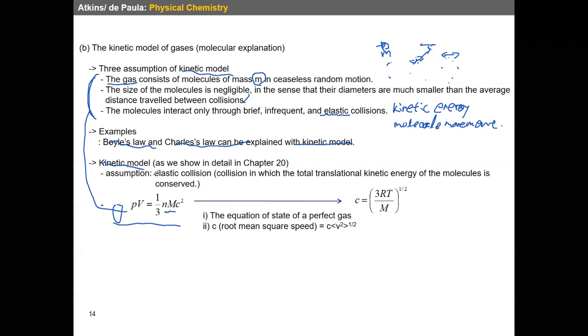Anyway, the basic assumption is that there is elastic collision for all of these, a collision in which the total translational kinetic energy of the molecule is conserved. What this means is that all the energy will be used for the change of kinetics of these particles. So that is the kinetic model.